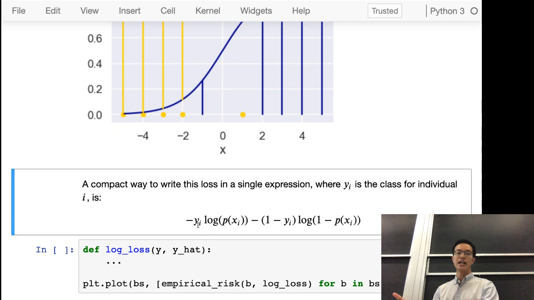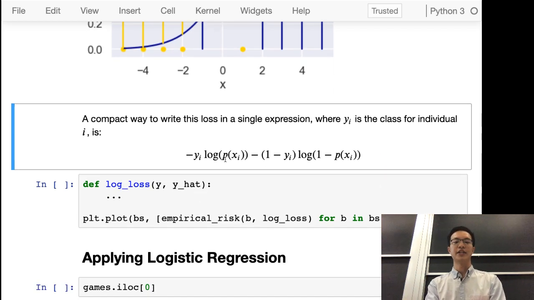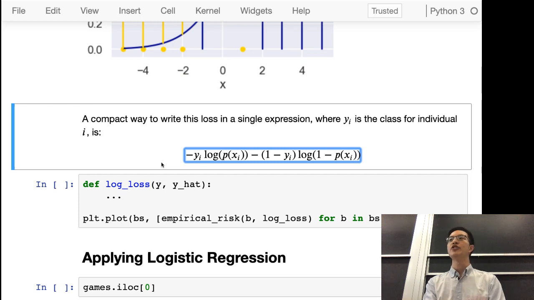If y sub i is 1, then this term right here will be 1, but this term right here will be 0, because we're doing 1 minus 1, which is 0. If y sub i is 0, then this term right here will be 0, but this term right here will be 1. So we're essentially flipping back and forth between these two terms. And for every term, what we're doing is taking the negative log of the probability that our model got the right answer. I'll give you some practice with this to try to wrap your mind around it. But basically, this expression is a measure of how close our model predictions are to the real points.